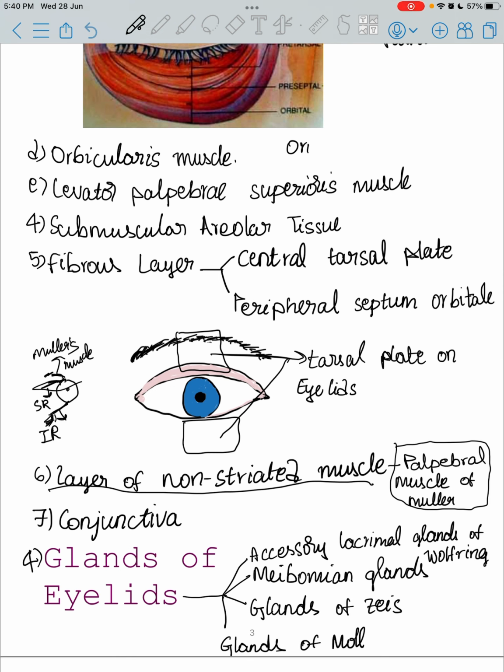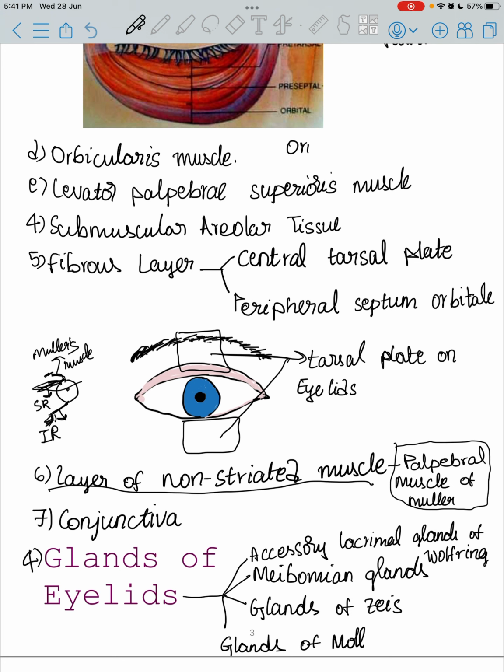It lies deep to the septum orbitale in both the lids. In the upper eyelid, it arises from the LPS muscle, and in the lower eyelid from a prolongation of the inferior rectus muscle.